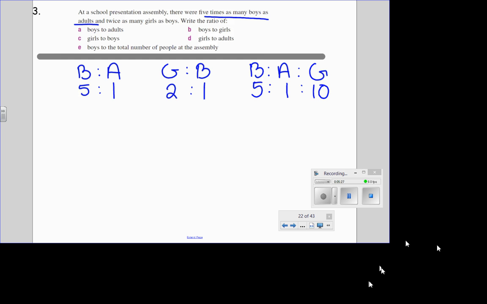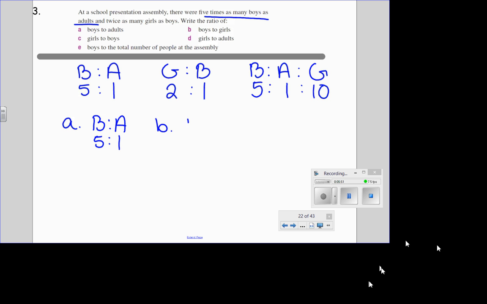So that's just a small portion of the people who are probably at this assembly, but that is the ratio of the different genders of everybody at the assembly, whether they're older or younger, for the adults and the boys and girls. So let's go ahead and now start looking at how we can compare. For boys to adults, so B to A, we've already figured that out. That should be 5 to 1.